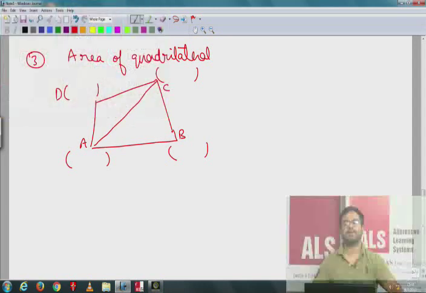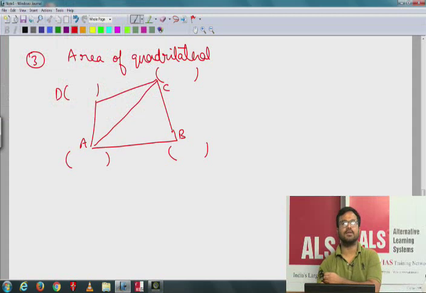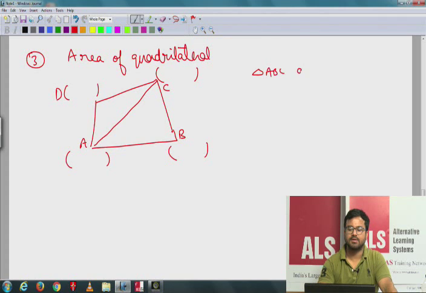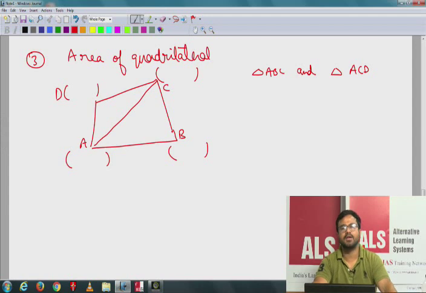Now when we draw the diagonal AC, it gets divided into two parts: one is triangle ABC and the second is triangle ACD. So if the coordinates are given, you can find the area for both the triangles separately and then add them up. This is the way in which you can find the area for the quadrilateral. So try this one.